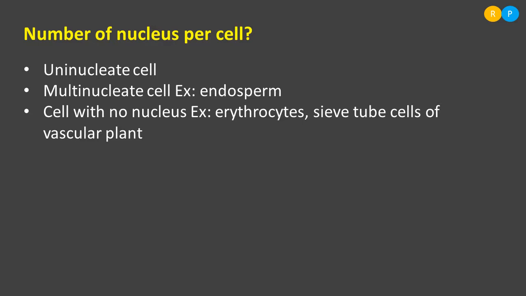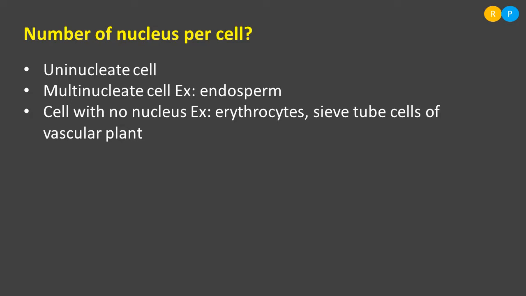Understood? So based on the number of nuclei, we can divide the cells into different types. Some cells are uninucleated cells and some cells are multinucleated cells. And there are some cells in the organism that do not have a nucleus. They are named as enucleated cells.